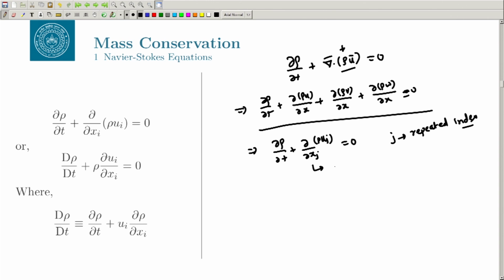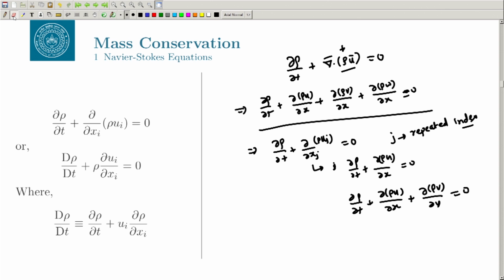If it is a one dimensional flow, then it will be just del rho by del t plus del rho u by del x. If it is 2D, then this is del rho by dt plus del rho u by del x plus del rho v by del y, and if it is 3D, then we have del rho w by del z.